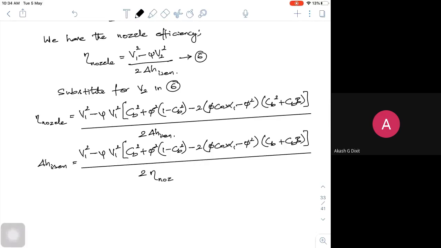So if I call this expression 7, in terms of nozzle efficiency, I will get equation 7. If I want it in terms of isentropic enthalpy drop, this will be equation 8.